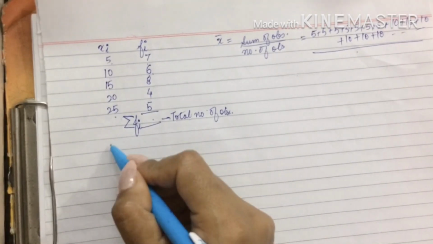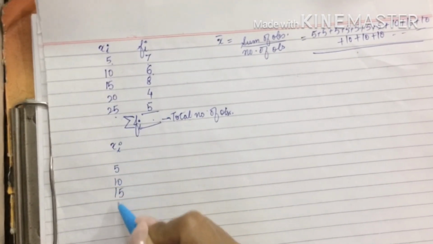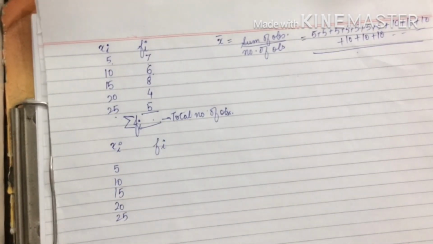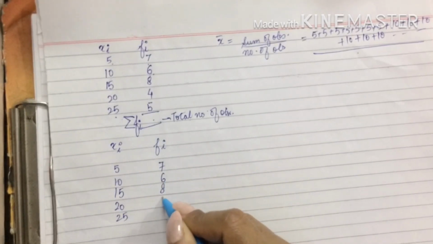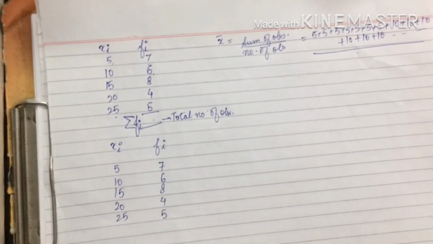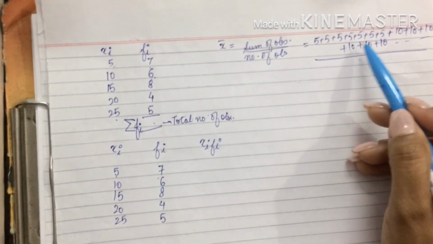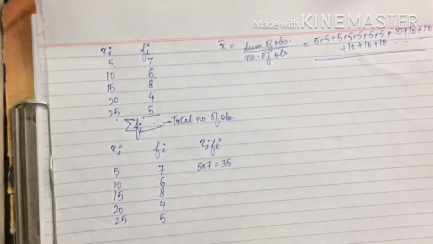What we learnt was, if we have the frequencies for the observations, we can find out the sum for each observation individually, and that is given by the product of the observation with its frequency. If 5 appears 7 times, its total will be 5 added 7 times, so 5 into 7 will give me 35.